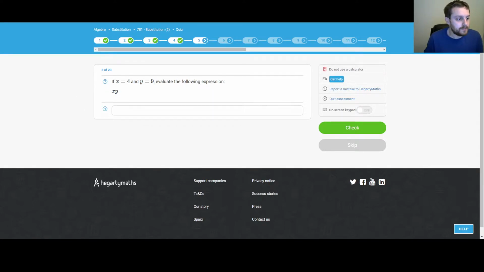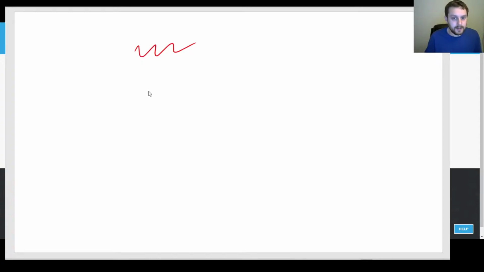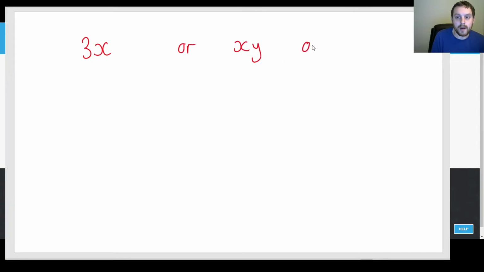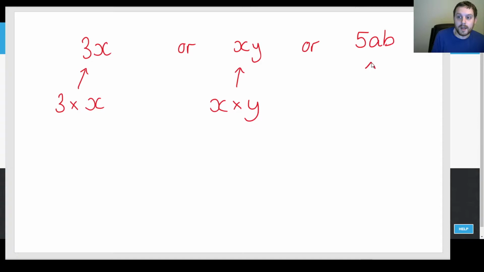Basically, in algebra, and I'll write it here, if I write something like 3x, or something like xy, or something like 5ab, this means 3 multiplied by whatever x is. This means x multiplied by y. This means 5 times whatever a is times whatever b is.